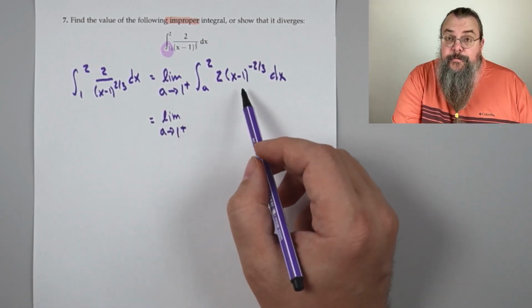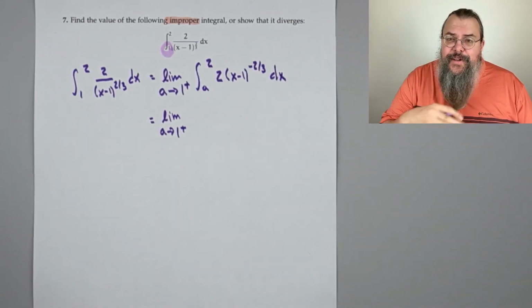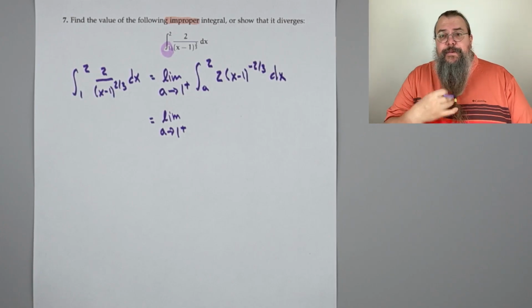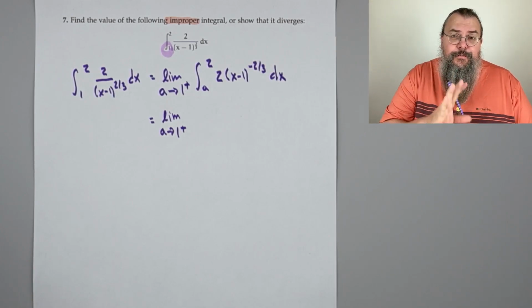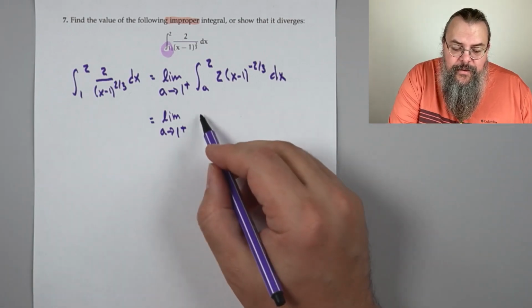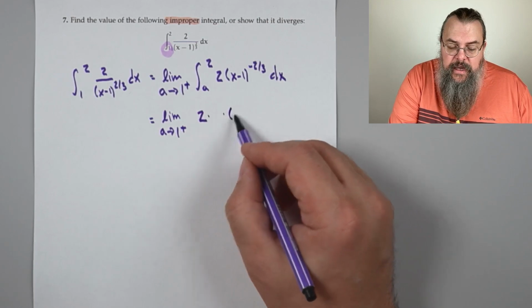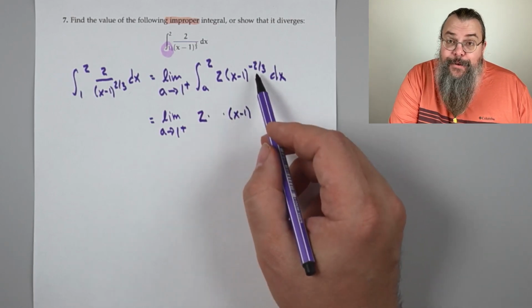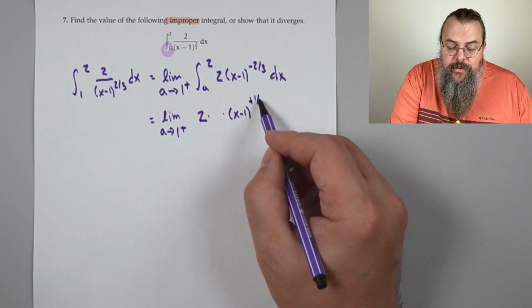Now this integral we can do. The minus 1 on the inside basically does nothing. It just comes along for the ride. If you're uncomfortable with it, do a substitution. At this point, we want you to be comfortable with it. So we have the 2. In (x minus 1), we add 1 to negative 2/3. That makes it a positive 1/3, right?